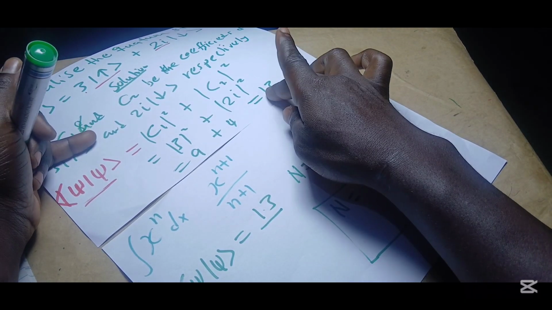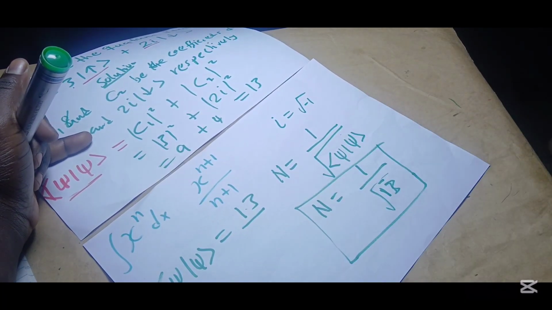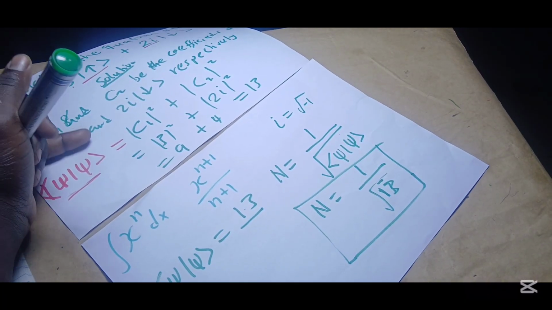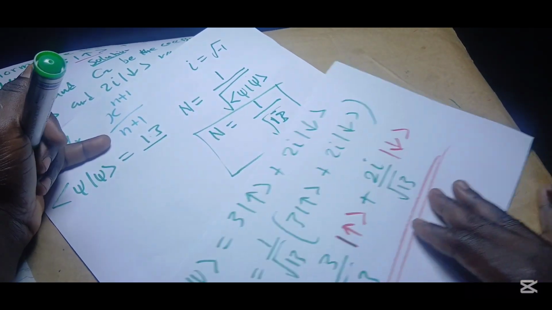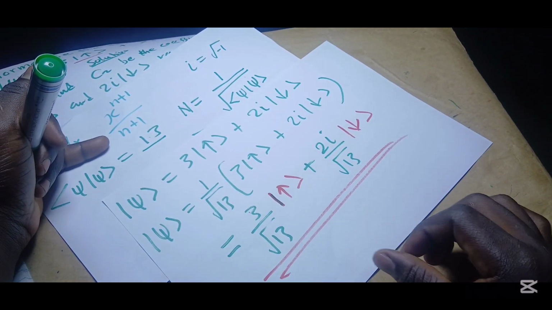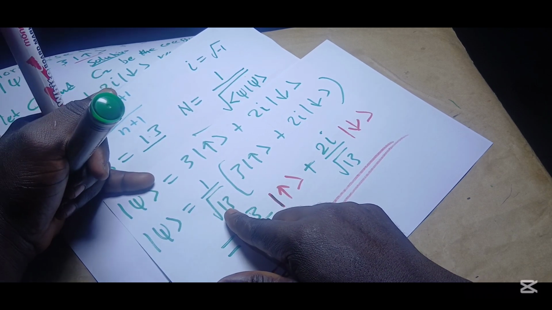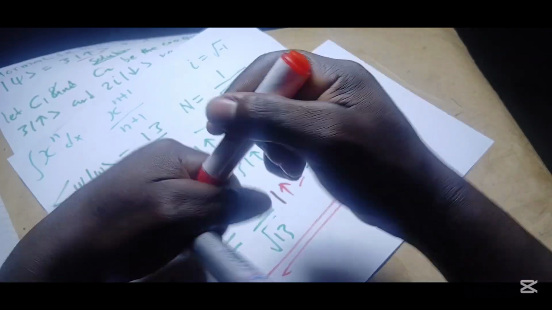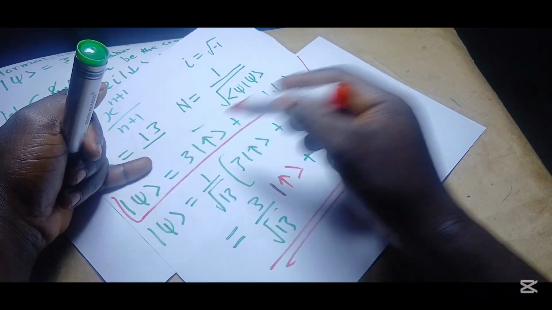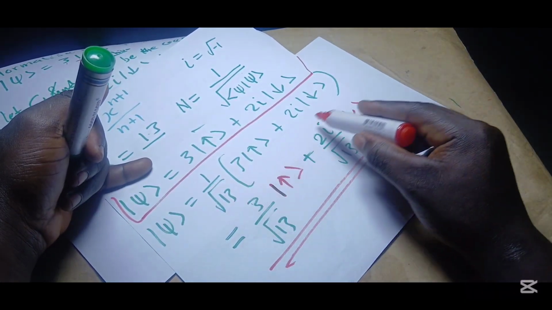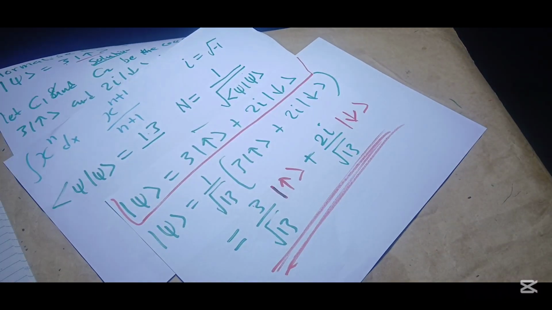Our norm was 13, so 1 over the square root of 13 is our normalization constant. And the last step is to multiply the normalization constant by the state given to you to normalize. Multiplying through gives us this, and this is our normalized wave function.